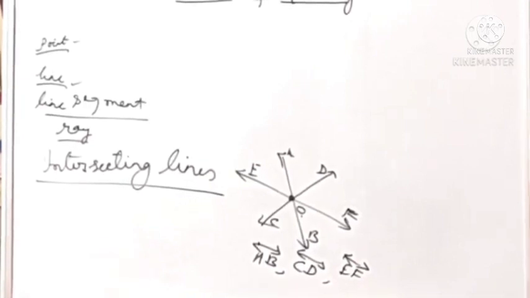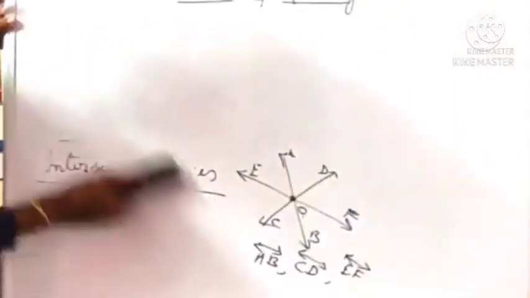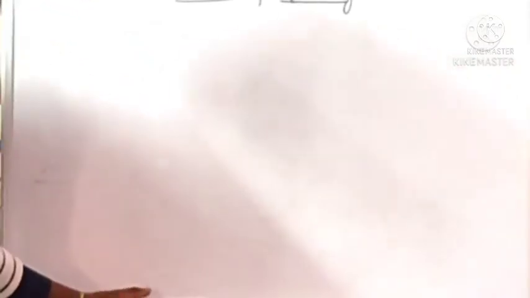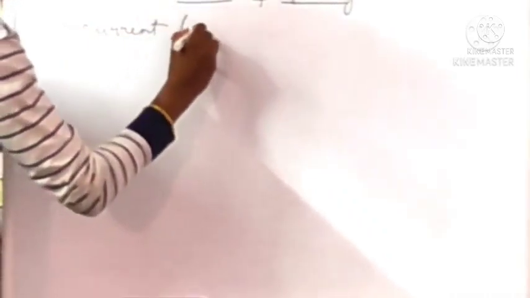Now what is another one? That is concurrent lines. The next one is concurrent lines. Now what are concurrent lines?